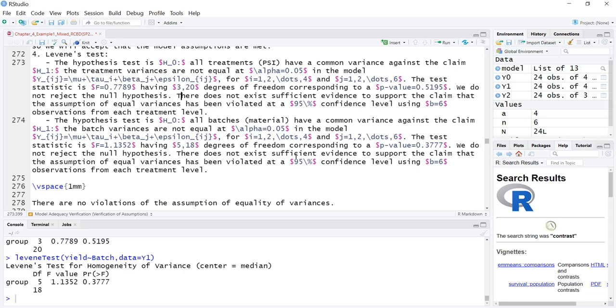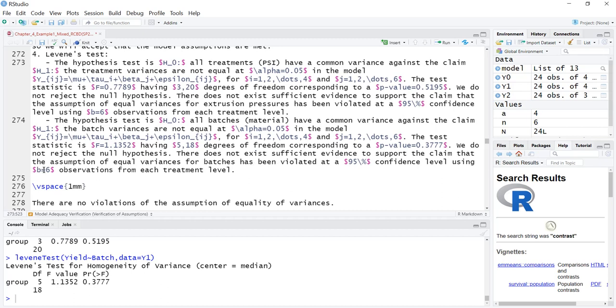There does not exist sufficient evidence to support the claim that the assumption of equal variances for batches, and up here I should say variances for extrusion pressures, has been violated at a 95% confidence level.